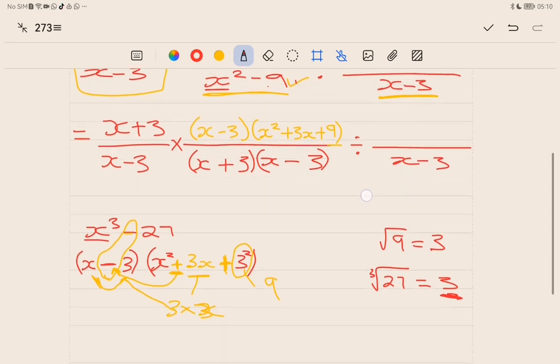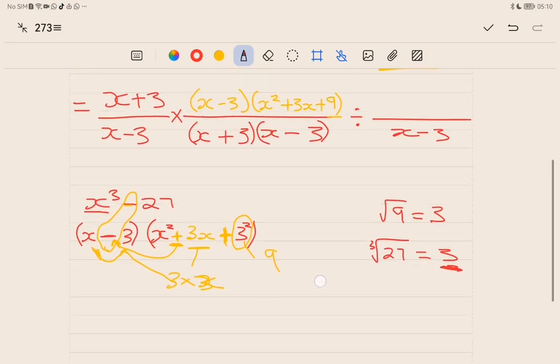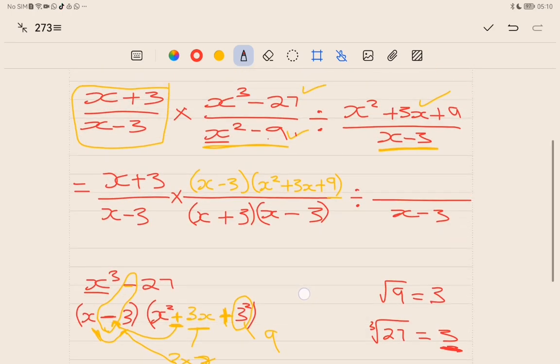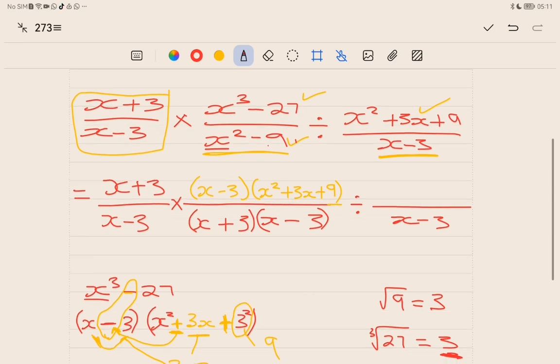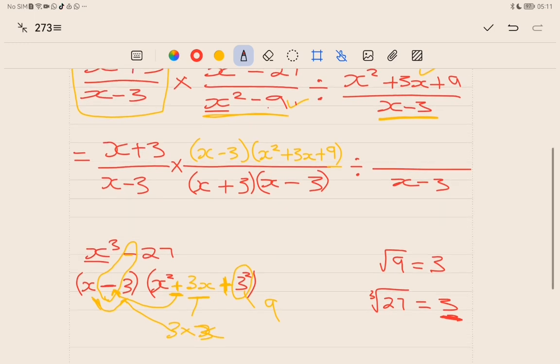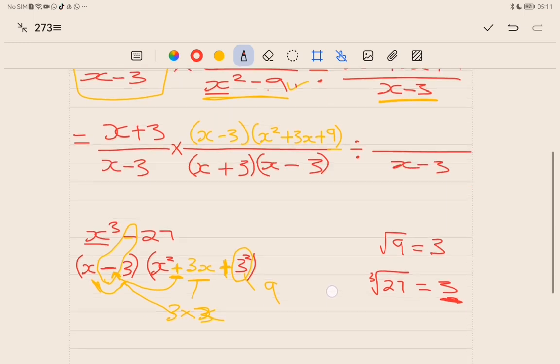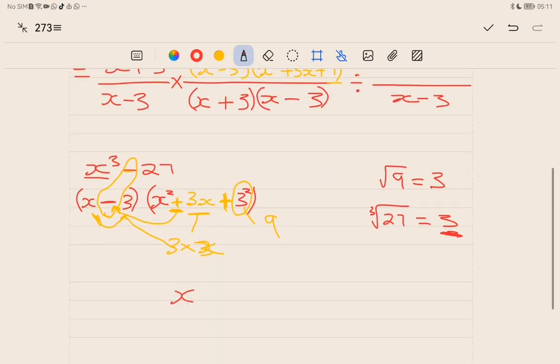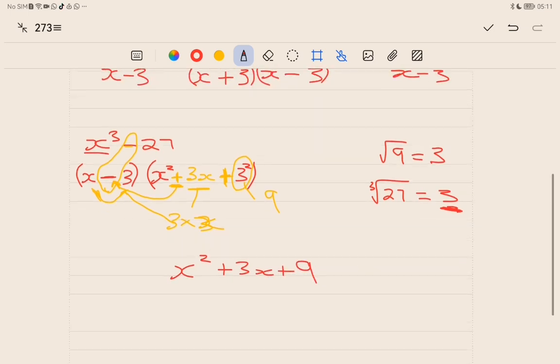So now we need to factorize. Let's check if x squared plus 3x plus 9 can be factorized.